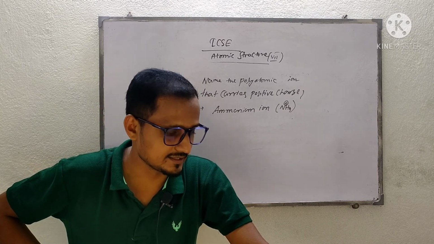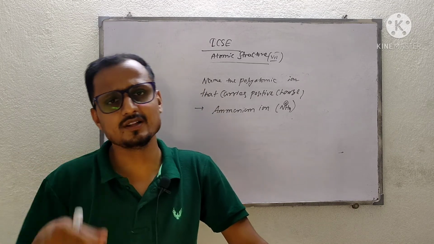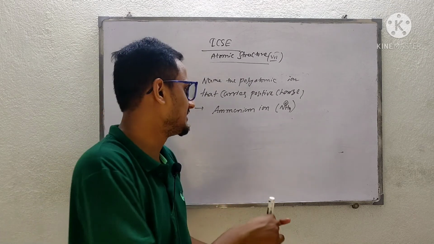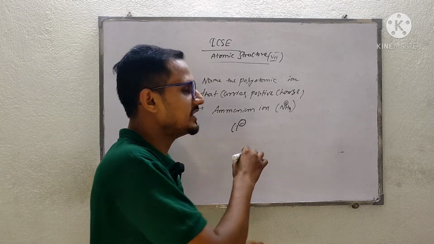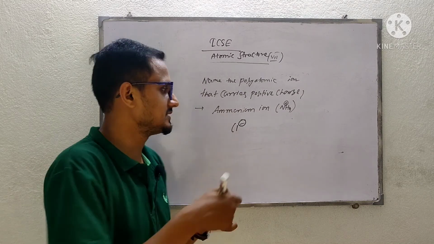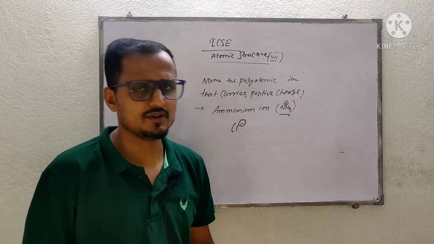Next, write difference between monoatomic ions and polyatomic ions. Monoatomic ions will only contain one atom, like Cl minus. And polyatomic ion means a bunch of atoms will be there, like NH4 plus. So these are the difference. And describe the periodic table.